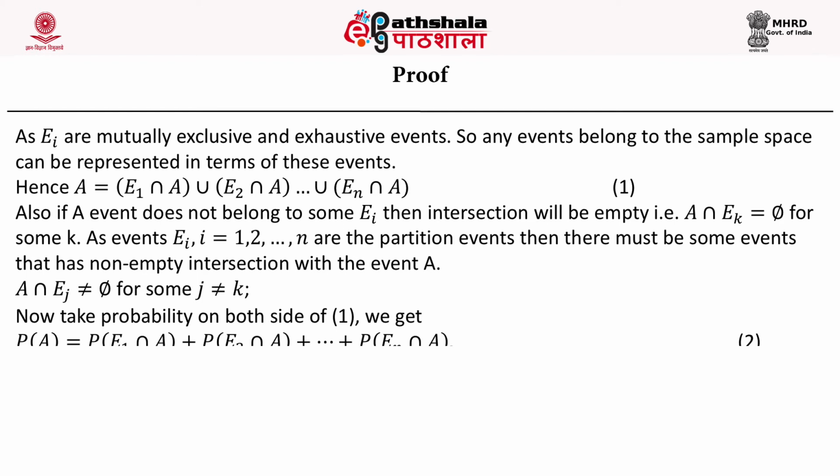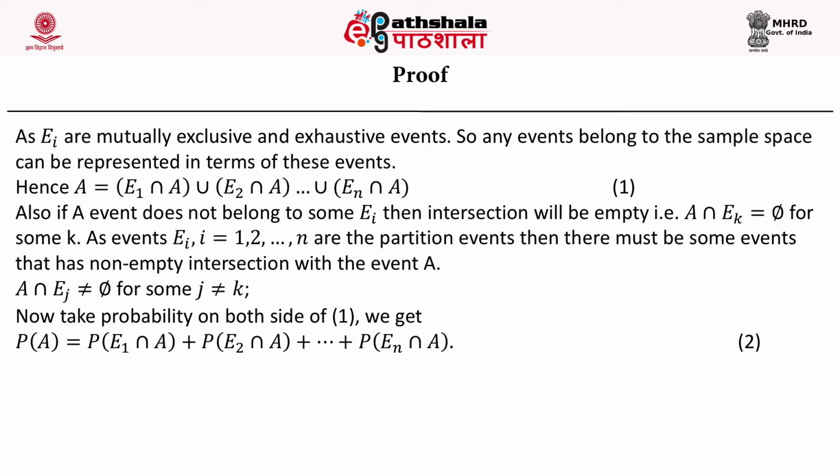Also, if event A does not belong to some Ei, then the intersection will be empty, that is A intersection Ek is equal to phi for some k. As the events Ei are the partition events, there must be some events that have non-empty intersection with the event A. So A intersection Ej is not equal to phi for j not equal to k.